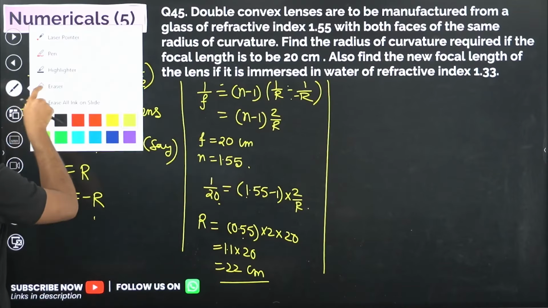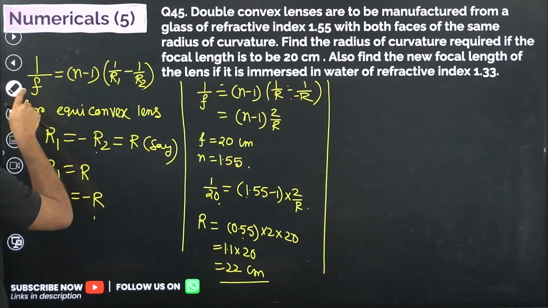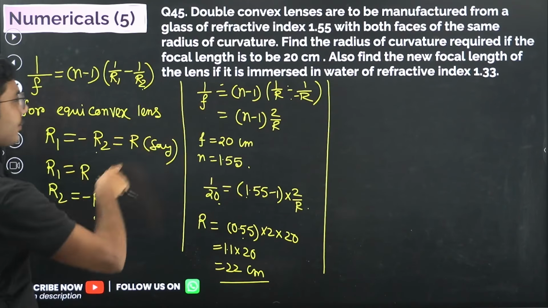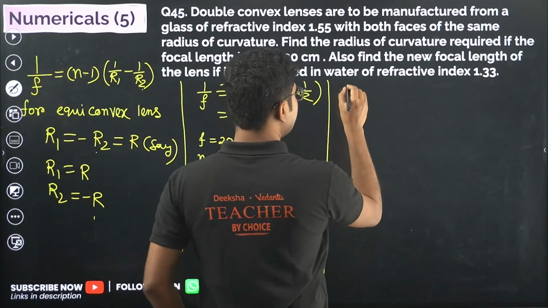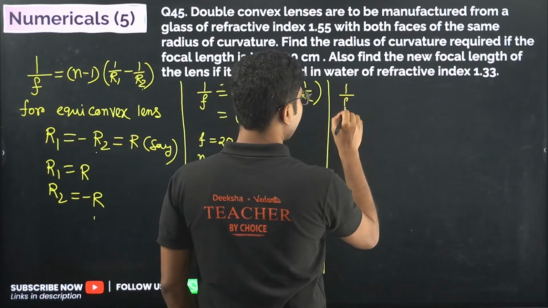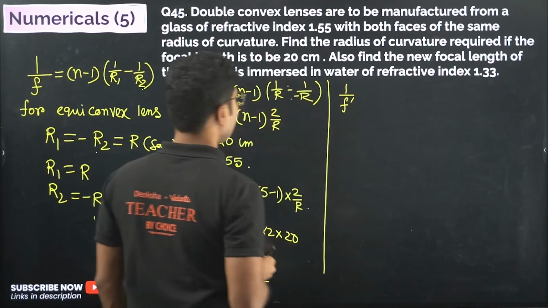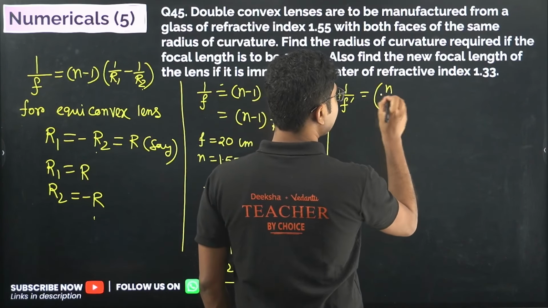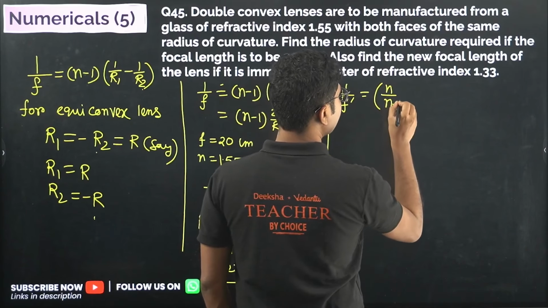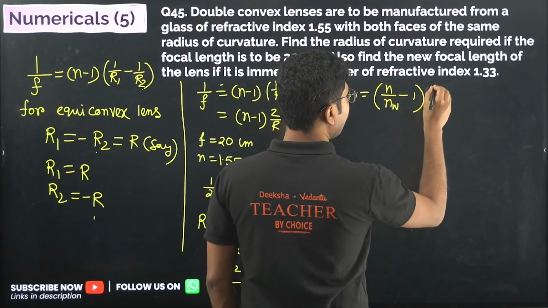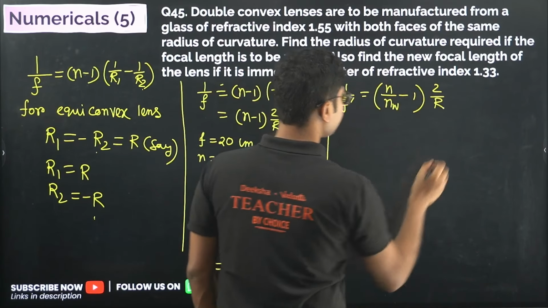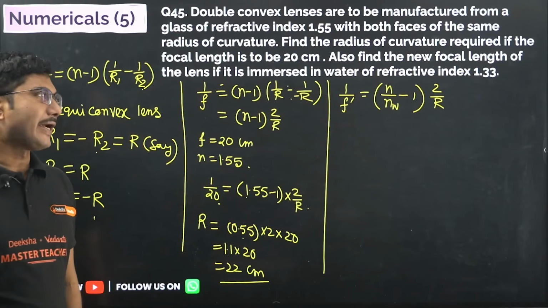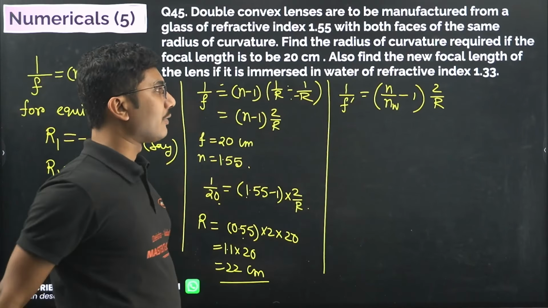Everything else remains same. So we will start with our previously derived equation, and say that in water the focal length is f dash. It will be (n divided by refractive index of water minus 1) into 2 by r. This formula we have already derived, right? So from here we can calculate.